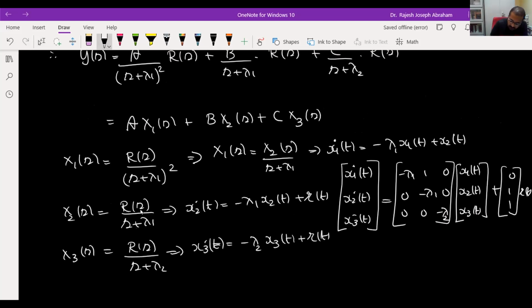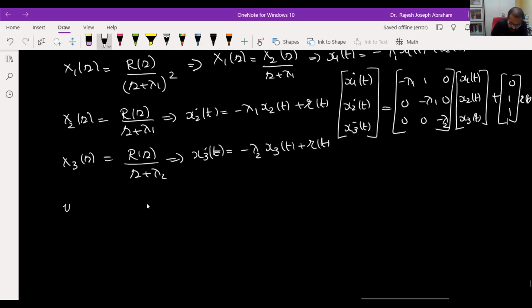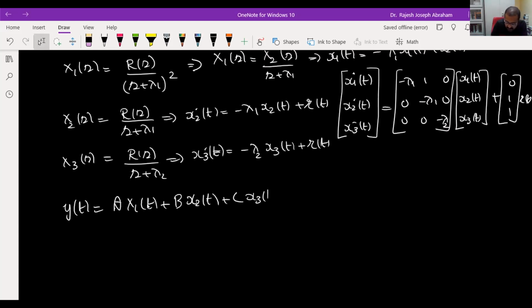Now what is the output equation from here? Y of t will be a x1 t plus b x2 t plus c x3 t. So the output equation y of t is the residues a, b, c into x1 t, x2 t, x3 t.